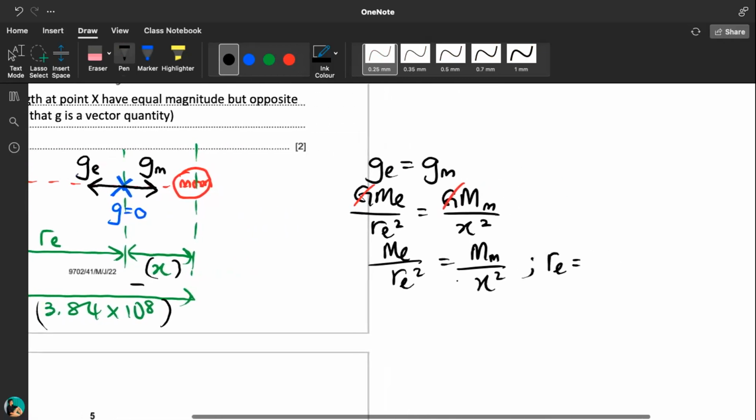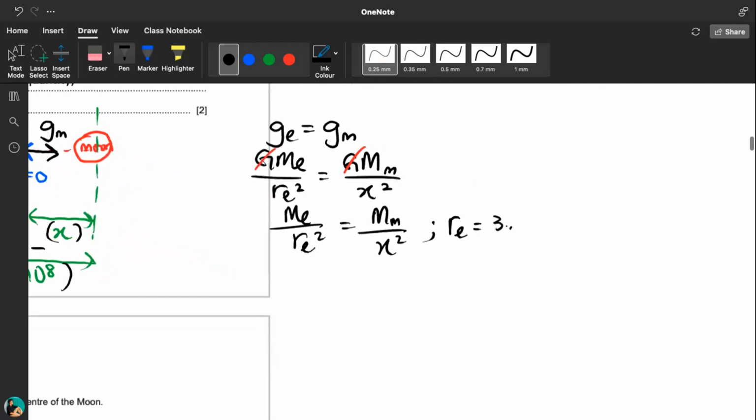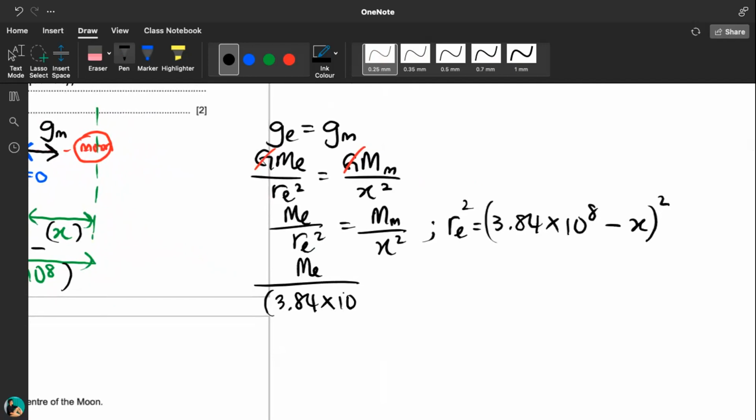Okay, so our equation becomes only one unknown. ME over 3.84 times 10 to the power of 8 minus x, squared, equals MM over x squared.